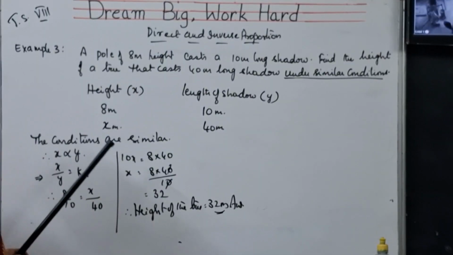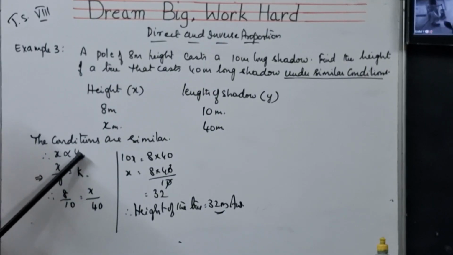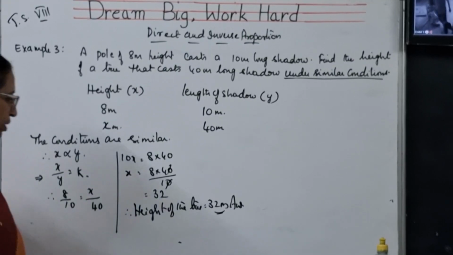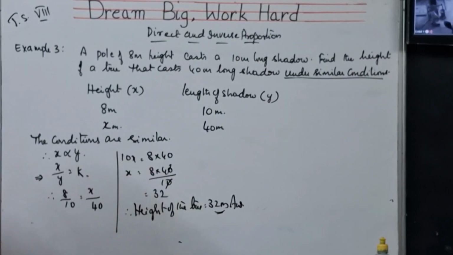Because the conditions are similar, the value of X is directly proportional to Y. If X is directly proportional to Y, X by Y is constant. So 8 by 10 is equal to X by 40. On calculation, I have got X value as 32. X is nothing but height of the tree. So height of the tree is 32 meters. Please note it down.